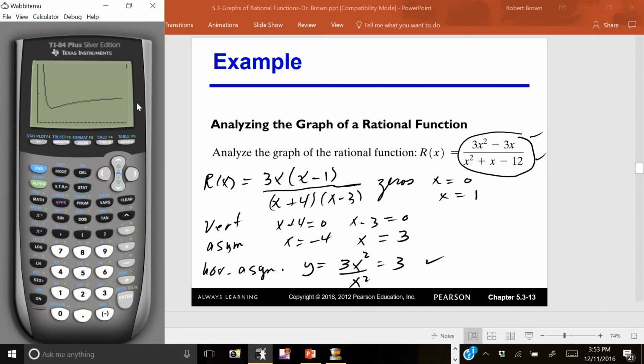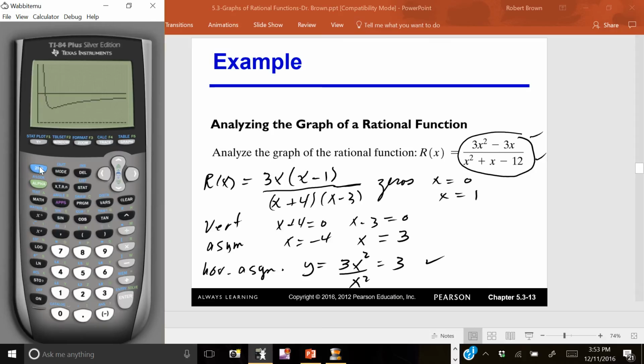There's the function itself, and there is the horizontal asymptote. Notice it does intersect, and I believe it intersects about x equals 6.